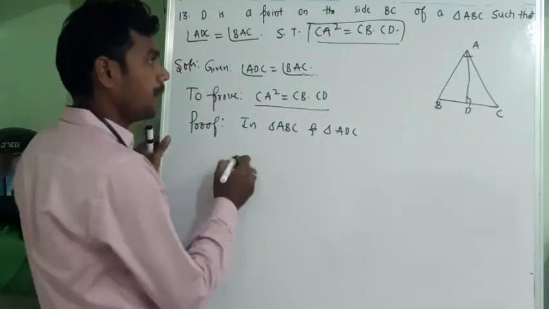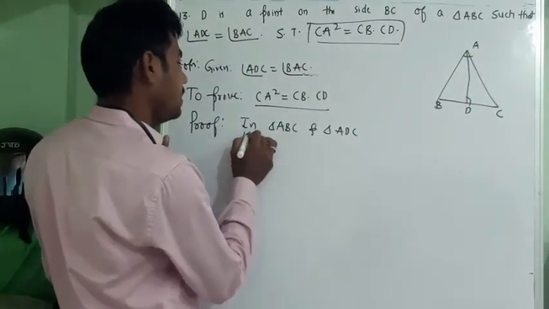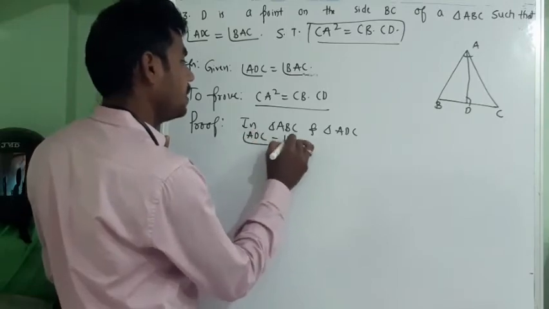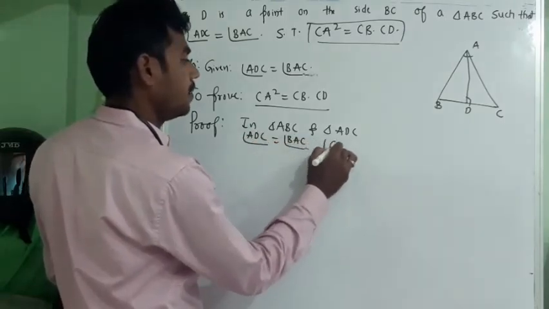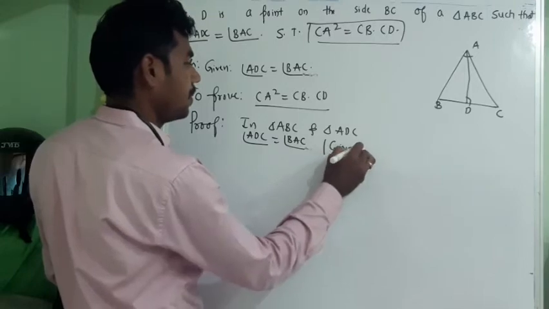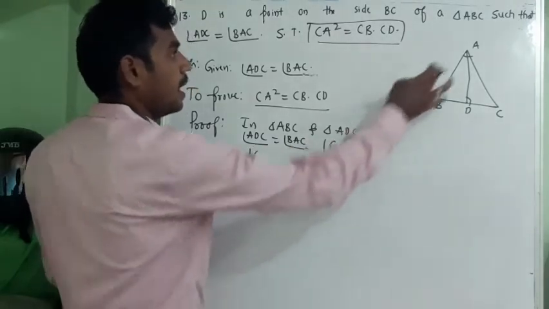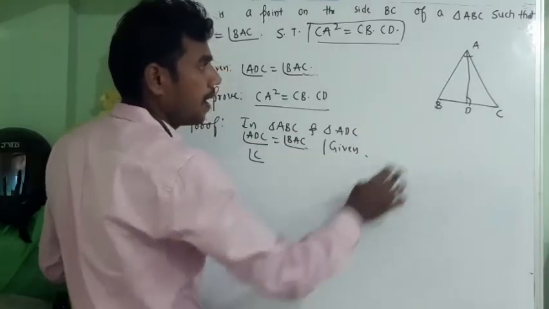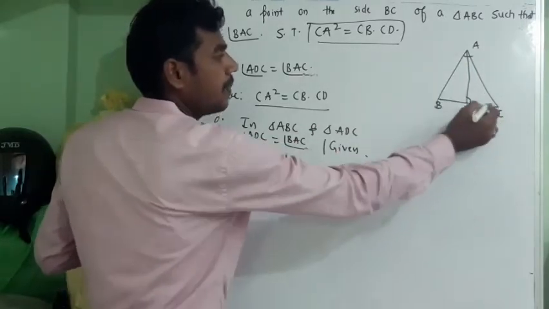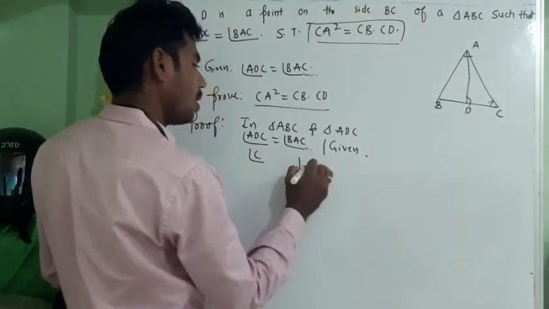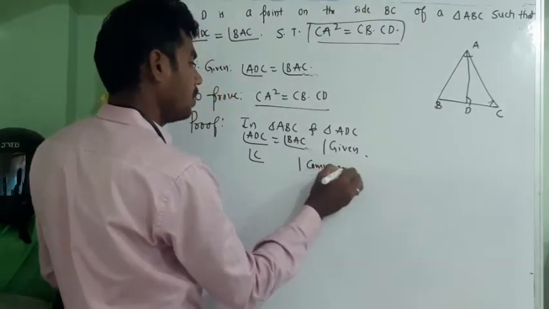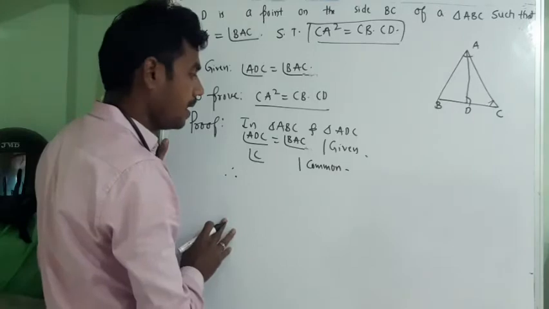So it is given that angle ADC is equal to angle BAC. Next, angle C, in ABC, angle C is there. In angle ADC, the same angle C is there. Angle C is common.